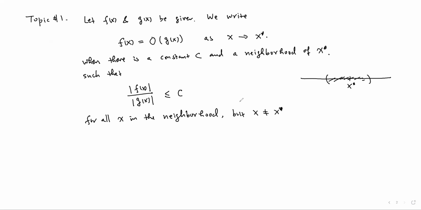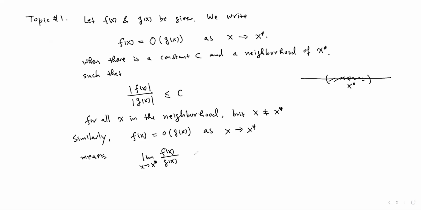Now, how about little o? Similarly, f is little o of g as x approaches x star means the limit of f of x over g of x as x approaches x star is 0.